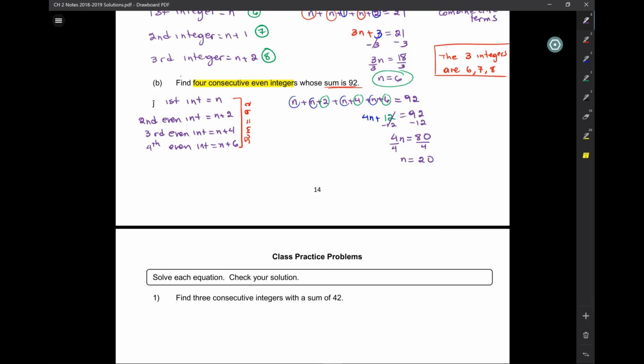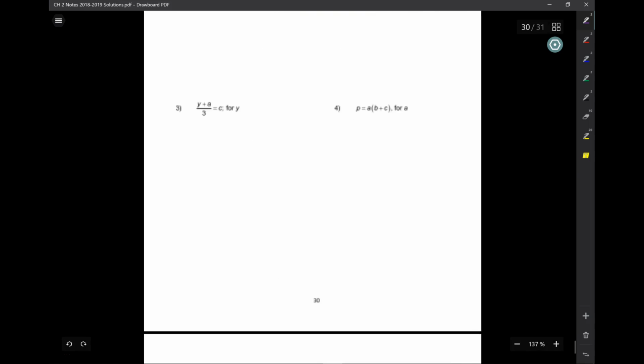Where here on my list is 20? First, second, third, fourth? First. So then the next one is? I'm going to go up by 2s. Remember, these are all the even consecutive integers.